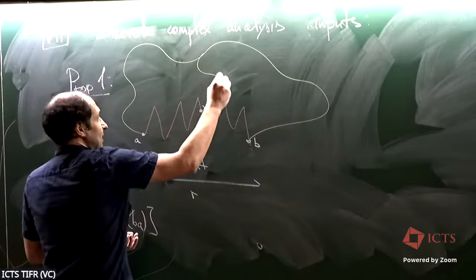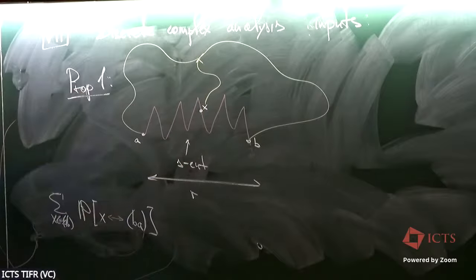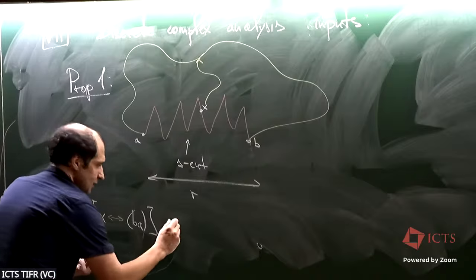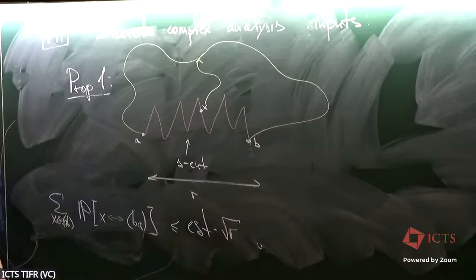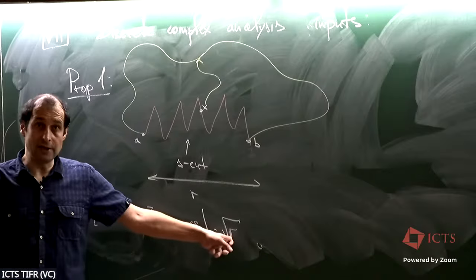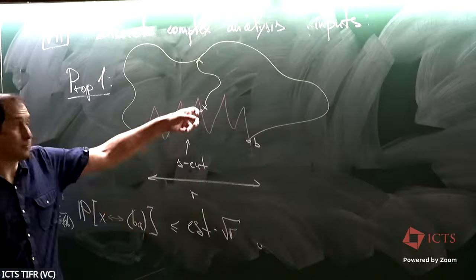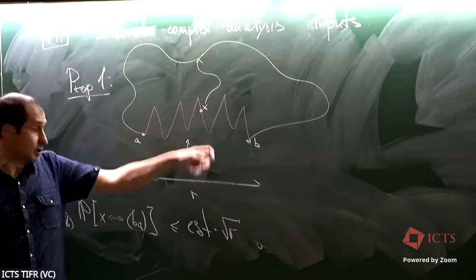So the probability, all the events like that. I claim that there is an upper bound, that this is of order square root of R, and this square root, this is the one arm exponent of the Ising model, which is 1/2.